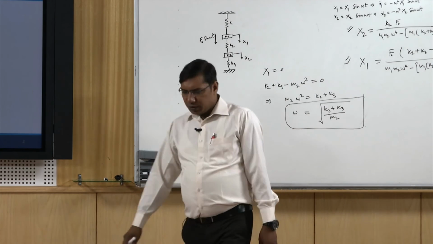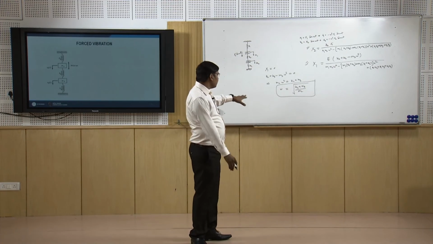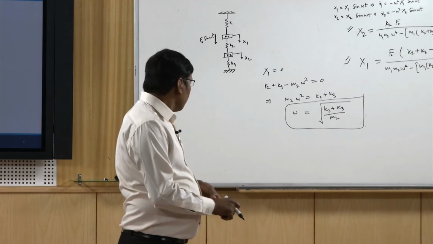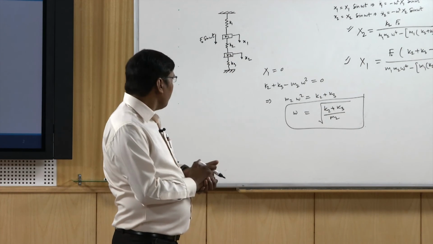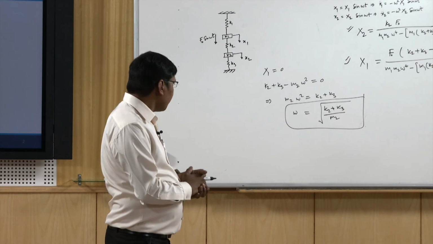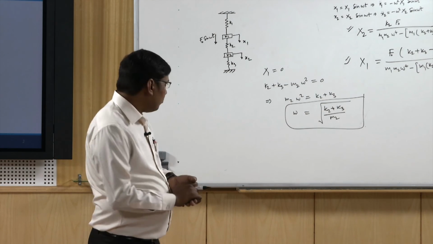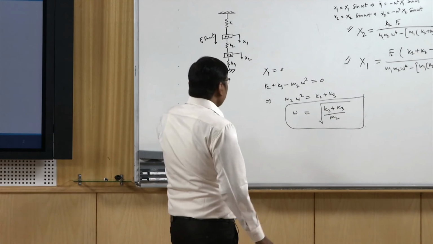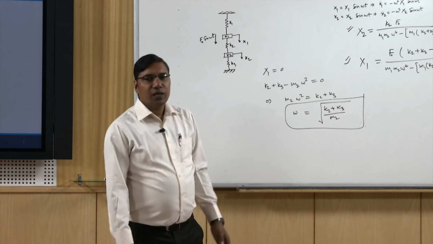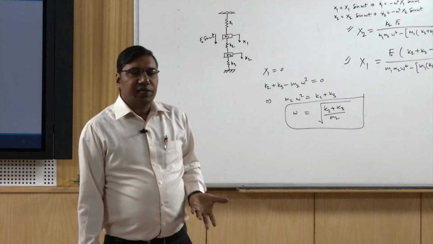So what it implies is that if the excitation frequency omega is equal to under root of K2 plus K3 by m2, the amplitude of x1 is 0. So this mass m1 will be at rest.